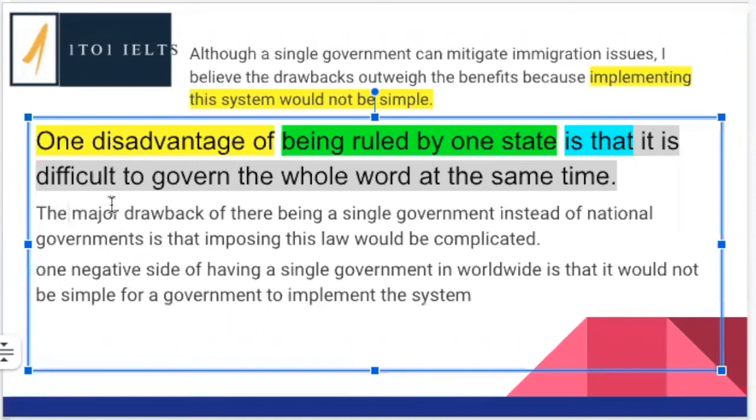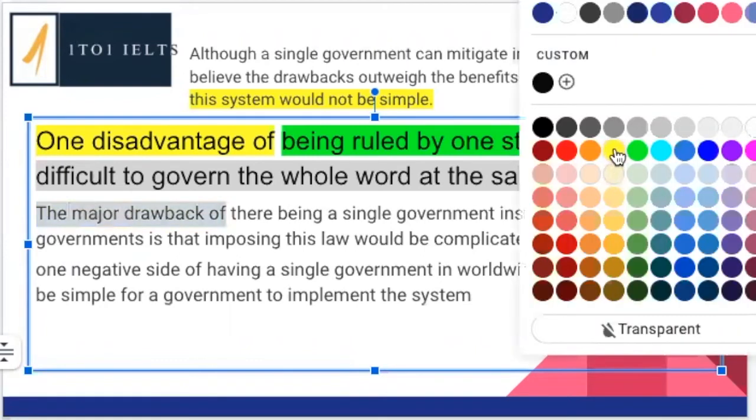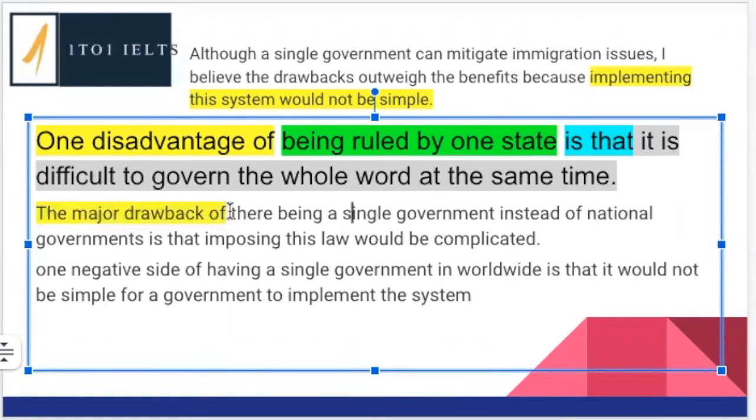So, first one, the major drawback of... okay, first part, good. If I say the major drawback, what does this imply? How many drawbacks are there?